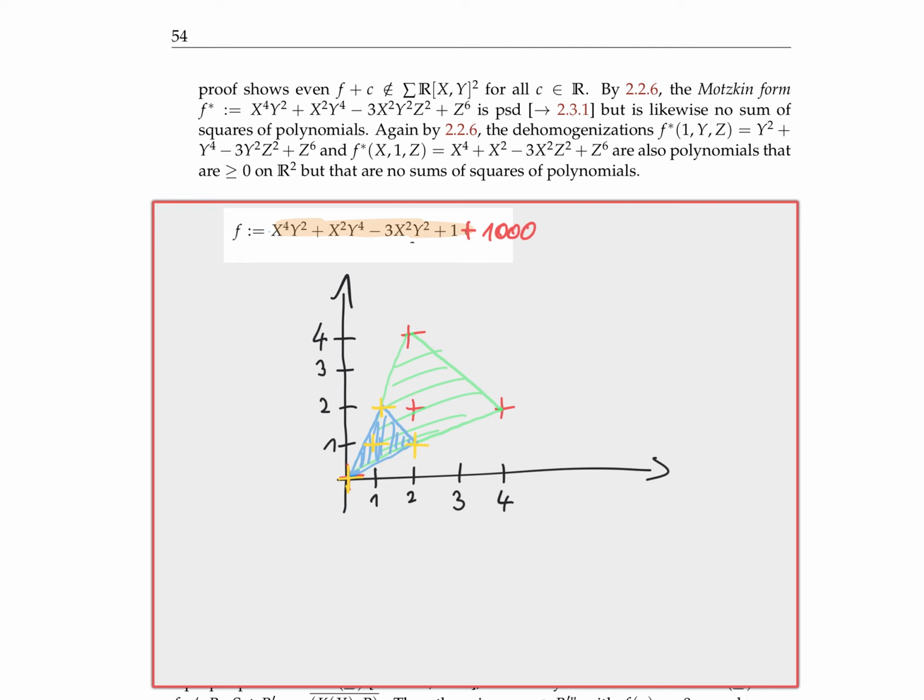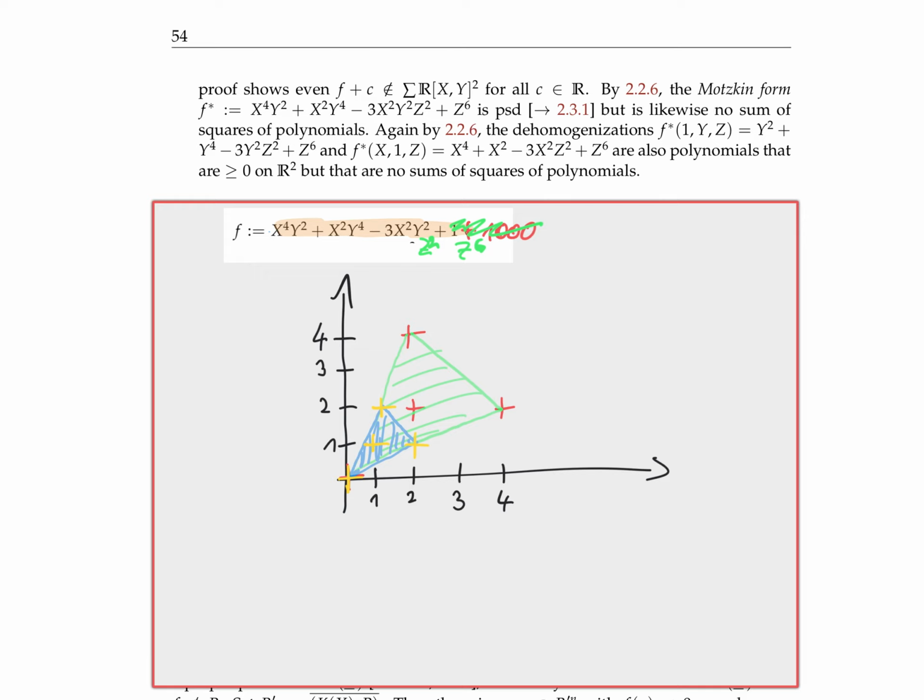So I add here a z squared and here a z to the 6, and I get this thing here, and this is positive semi-definite, because its dehomogenization was positive semi-definite, that was 2.3.1.